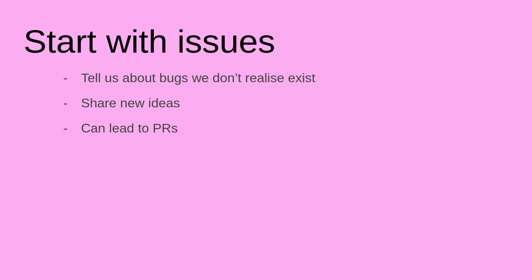Okay, the next one is also fairly obvious, I guess. Start simple. Don't try to tackle mutual recursion on the JavaScript target as your first contribution to the Gleam compiler, because it probably just isn't going to work.